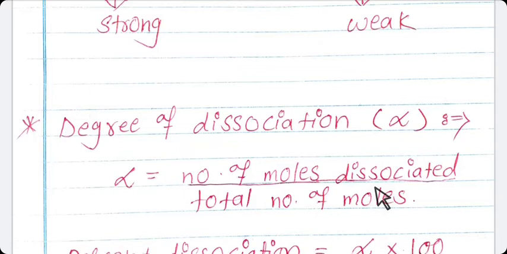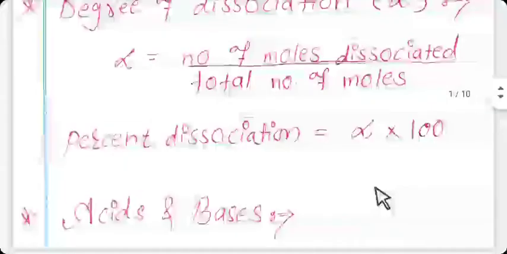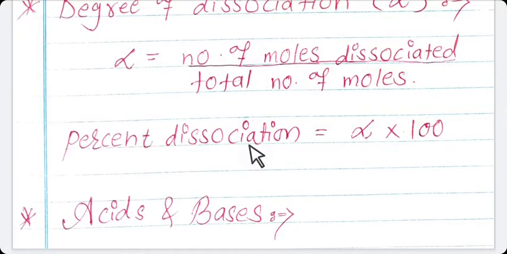For percent dissociation, the formula is percent dissociation equal to alpha into 100.